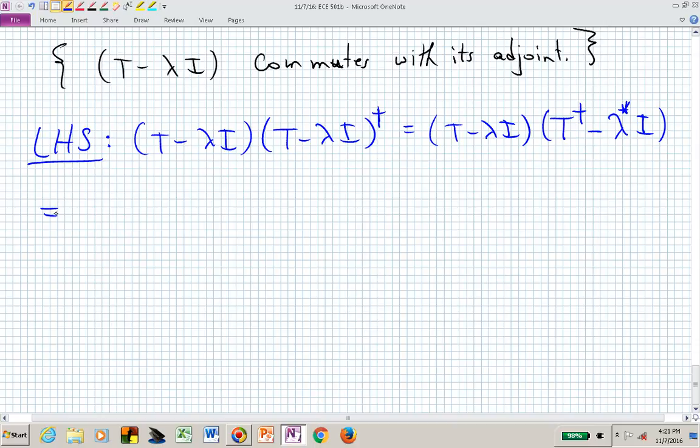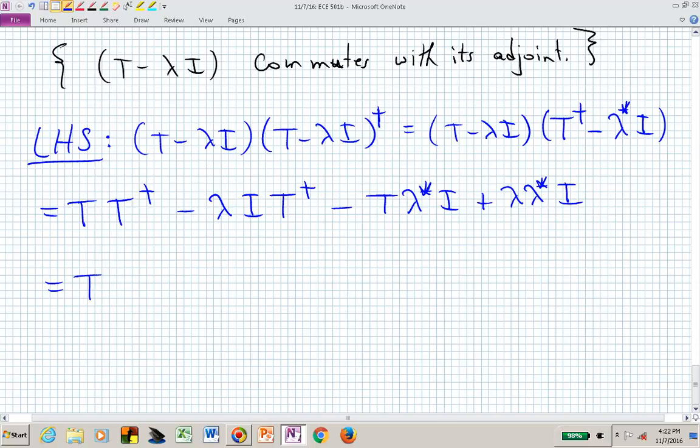And we can now form that product of operators. We have T times T dagger minus lambda I times T dagger, applying that first operator to the first operator in the second set. Then we have minus T times lambda star I plus lambda lambda star I, since I times I is the identity map.